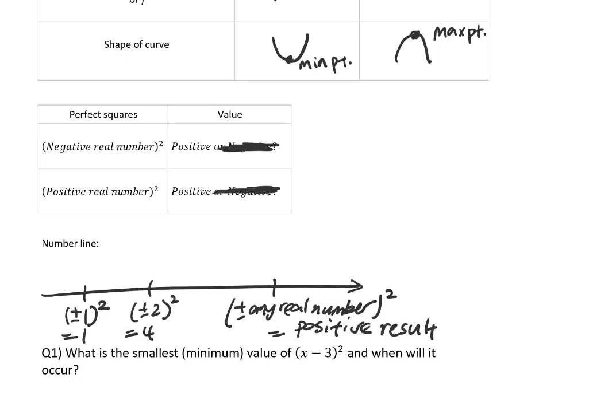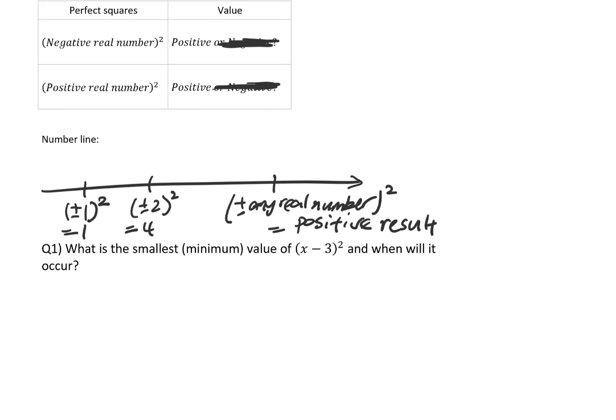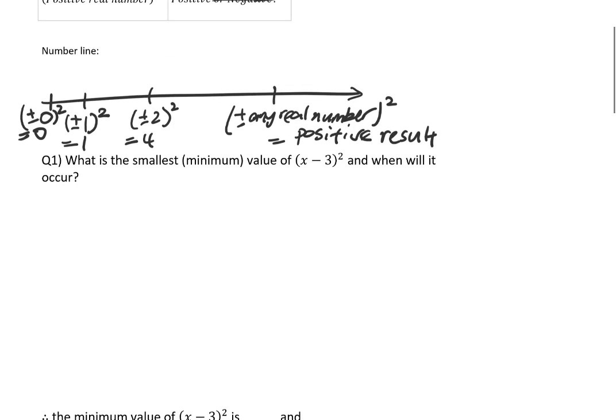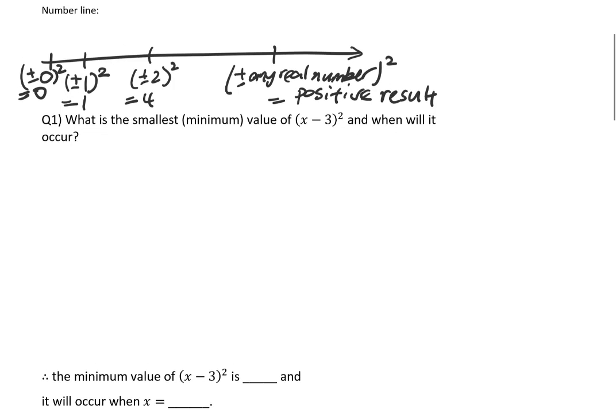But what is the minimum of a real number squared, a perfect square? The answer is 0. Because if you take plus minus 0 squared, you would still get 0. That is the minimum of all. Okay, so we look at question 1.